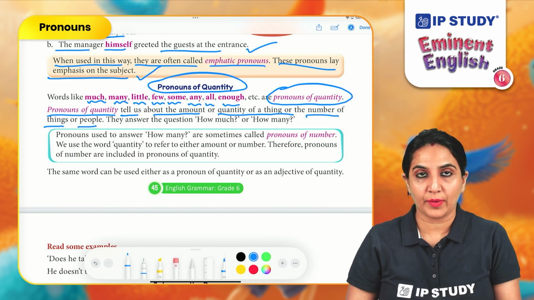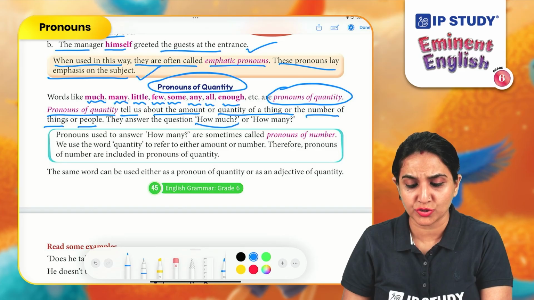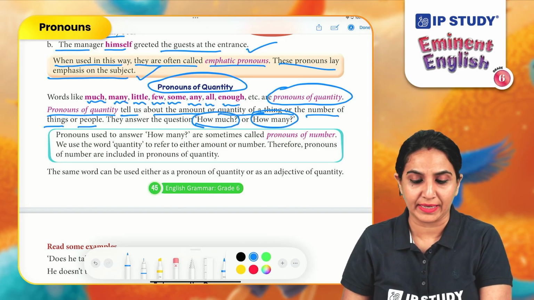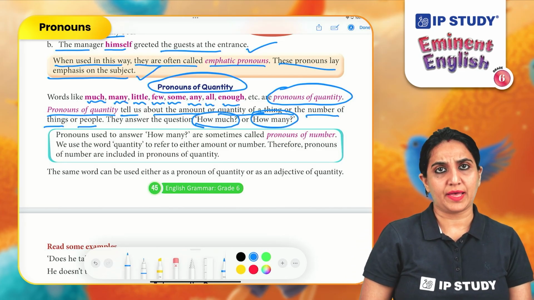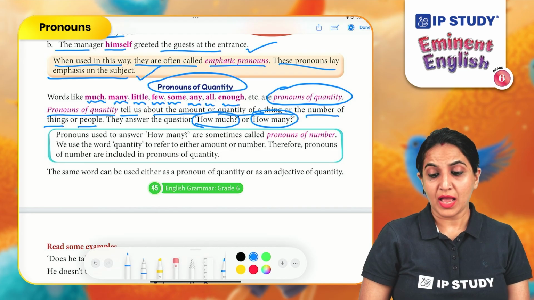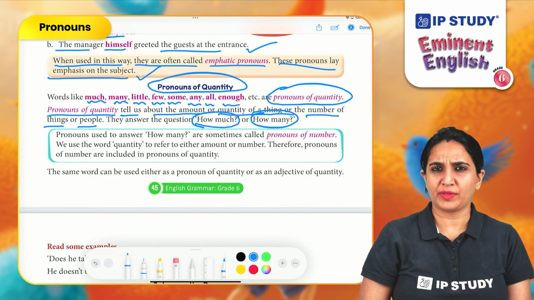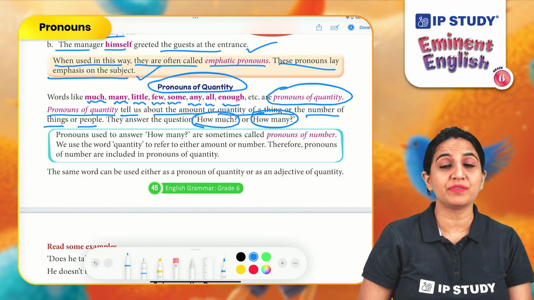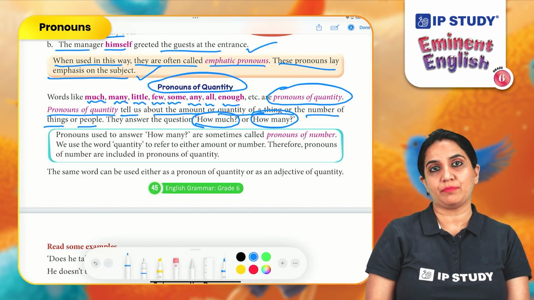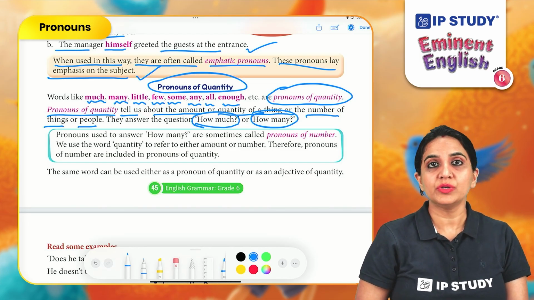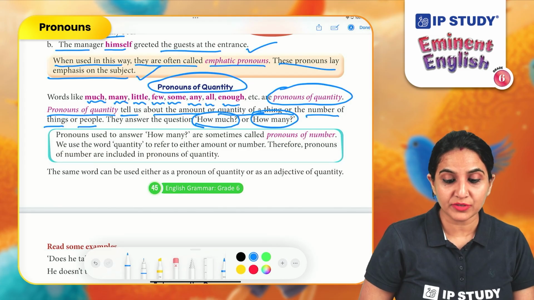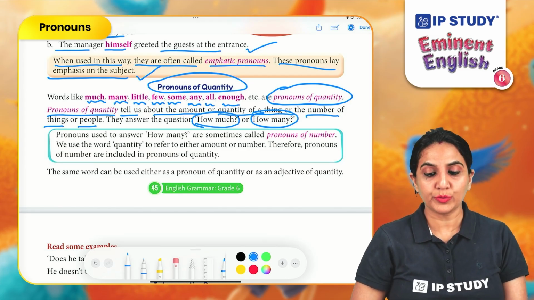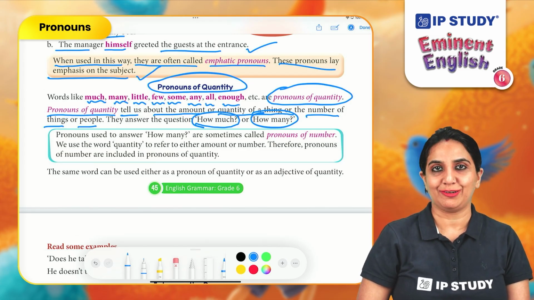They answer the question such as how much or how many. How much time is there? A little time. How many things are there? Few things are there. So, by using these pronouns, we often describe the quantity of something. Therefore, we use pronouns such as much, many, little, few, some, any, all, enough.